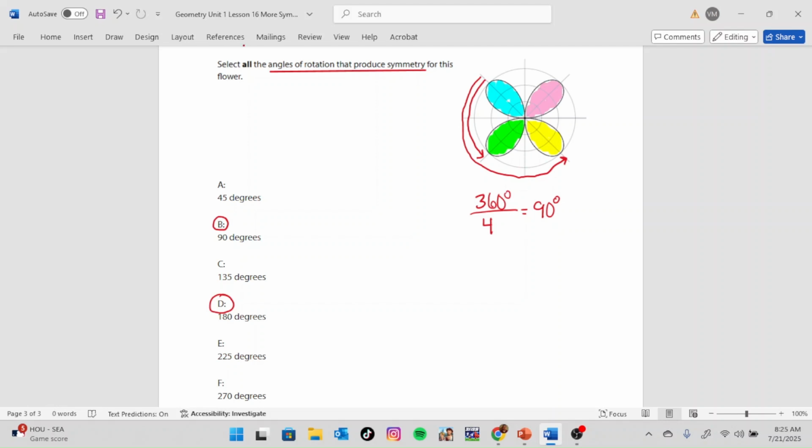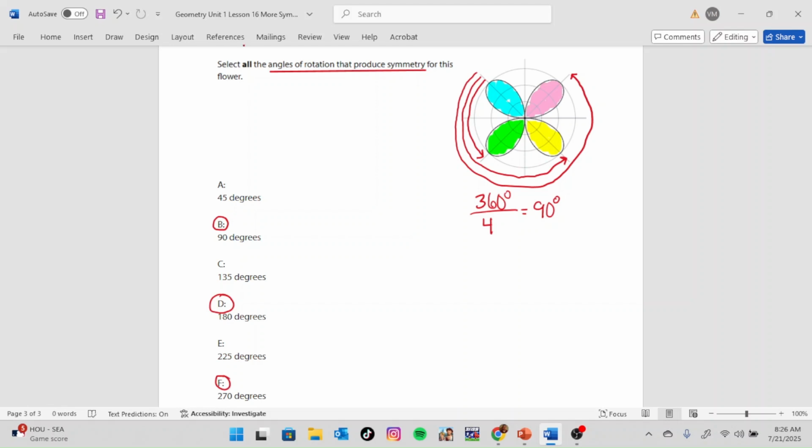And then the final rotation we could do is to go from the blue petal all the way down and around up to where the pink petal is. So that would be the 90 degrees to get it to the green, 180 degrees to get it to the yellow, and 270 degrees to get it all the way around to where the pink petal is.